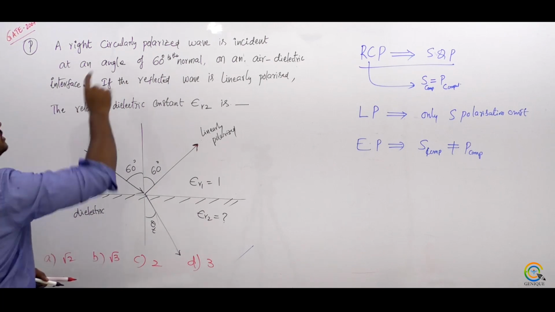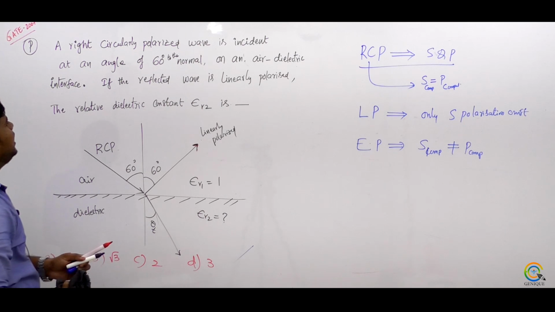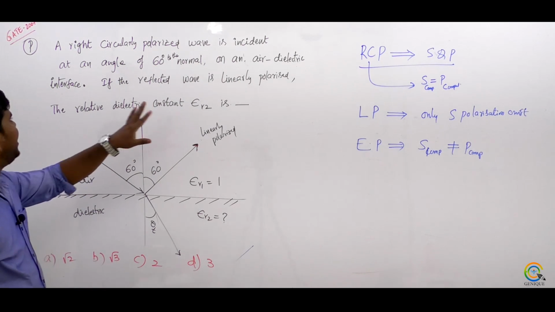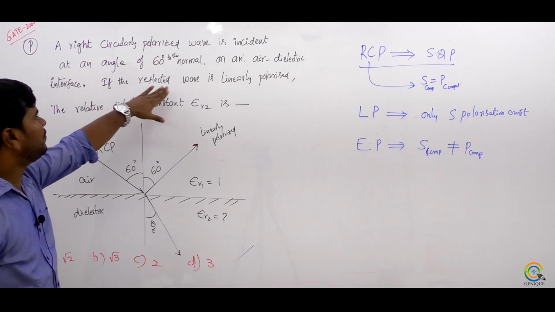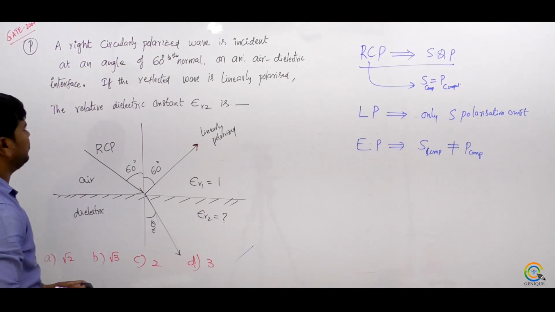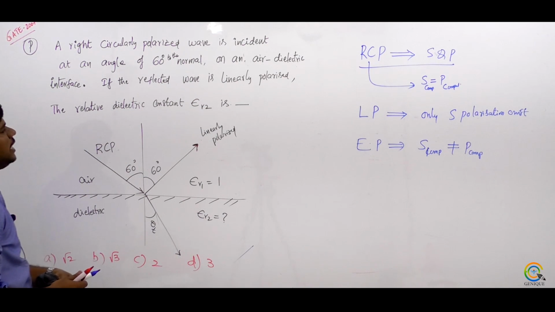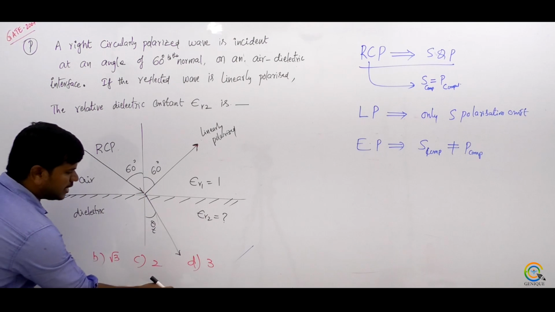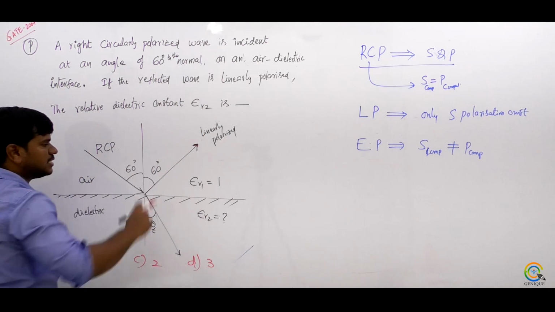It is a right circularly polarized wave incident at an angle of 60 degrees to the normal on an air dielectric surface. If the reflected wave is linearly polarized, then the relative dielectric constant is? A right circularly polarized wave is given; some portion of energy is transmitted, some portion is reflected.